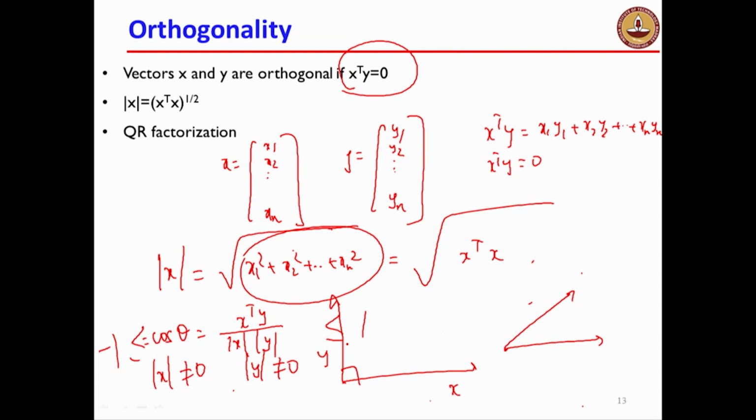If the 2 vectors are collinear, that is, they are pointing in the same direction, what does it mean? It means one vector can be written as a positive multiple of the other. You substitute it over here, you will get the number 1. If one vector is pointing in the other direction, you will find cos theta is equal to minus 1, because one vector will be a negative multiple of the other.